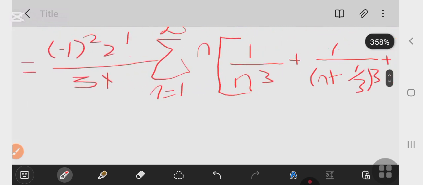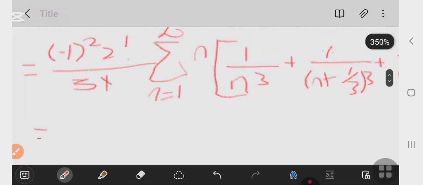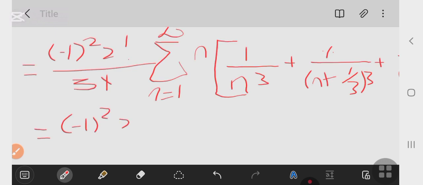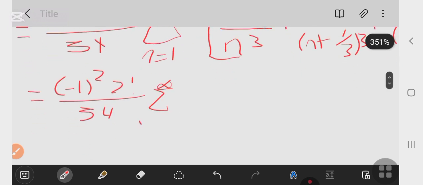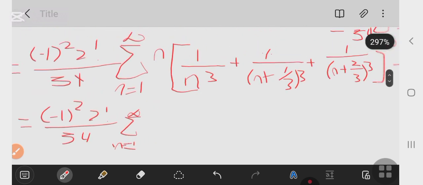I have minus 1 square 2 factorial all over 54 for the first sum, and it starts from 1 of 1 over n square, because this n will take care of the first n.